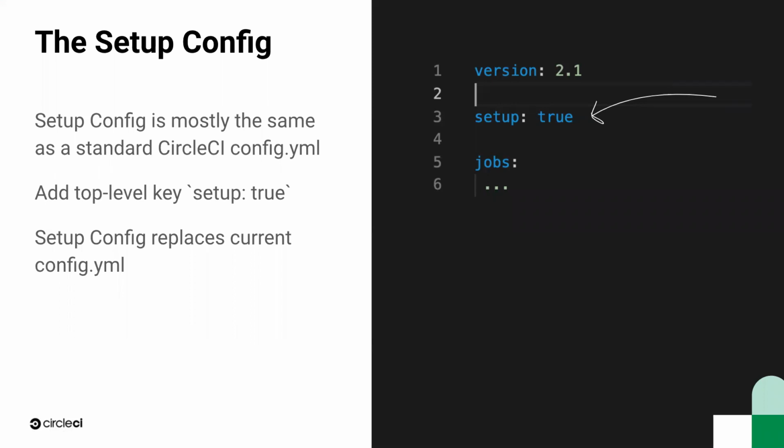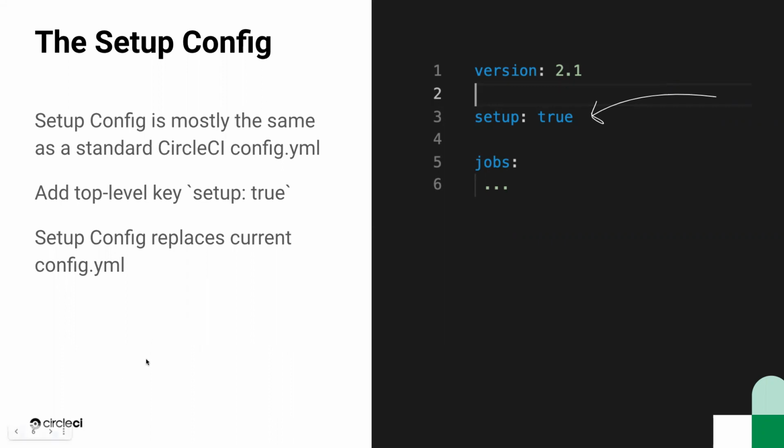We add the top level key setup: true. You can see it on line 3 here. This designates that this config.yaml is a setup workflow configuration, which means now you and your team can get up and running with dynamic configuration. There's not much else to do on that front.